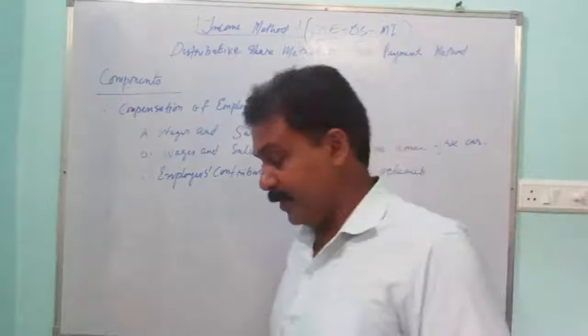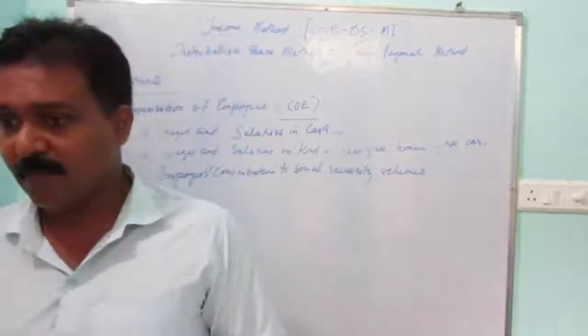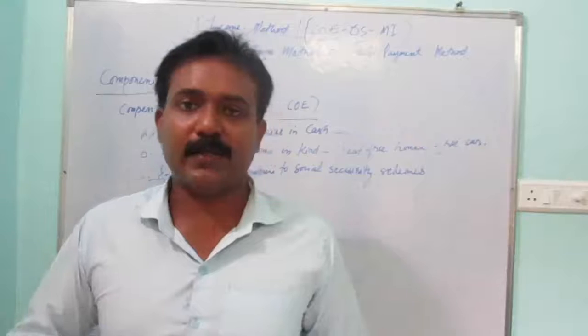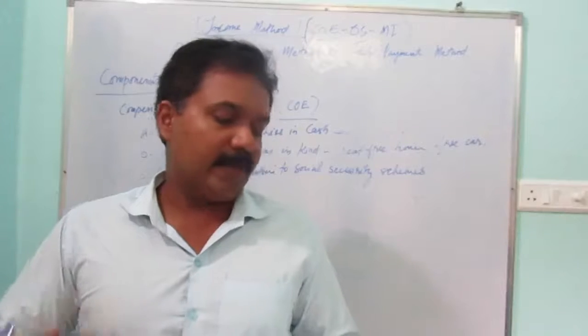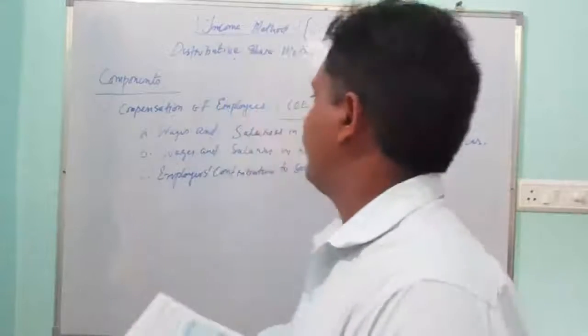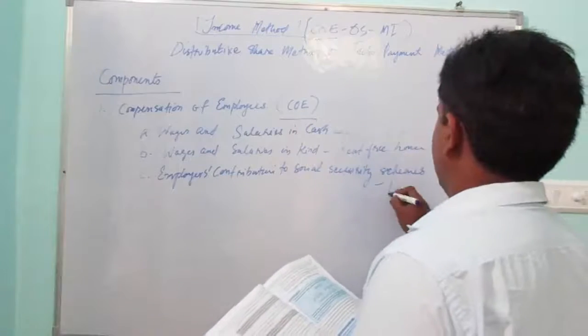Many of the companies have insurance and all, so that if by chance an accident takes place while they are on work, they will get some benefit. Okay, this comes like a PF given to employees.